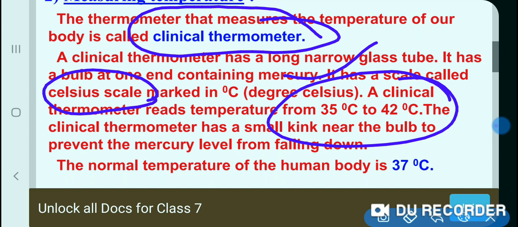That means temperatures from 35 to 42 degrees Celsius can be measured correctly by the clinical thermometer. When the temperature of any object is below 35 degrees Celsius or above 42 degrees Celsius, then you cannot use the clinical thermometer to measure it.